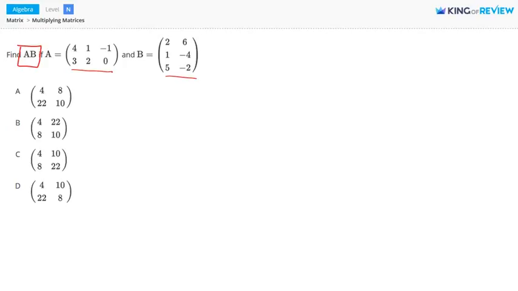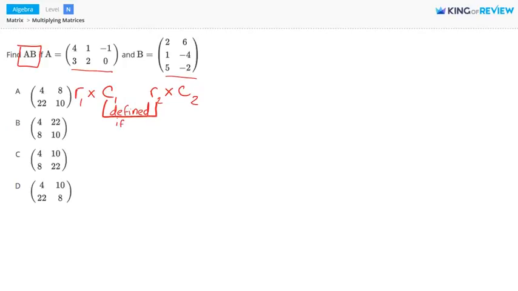We do this by comparing the rows and columns in each of the two matrices. So we have row by column in matrix 1 and row by column in matrix 2. The first thing we want to do is compare these two numbers here, the number of columns in matrix 1 and the number of rows in matrix 2. If these two numbers are equal, then we know that the product is defined.